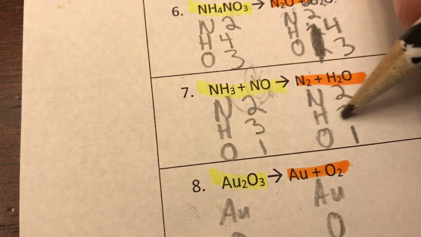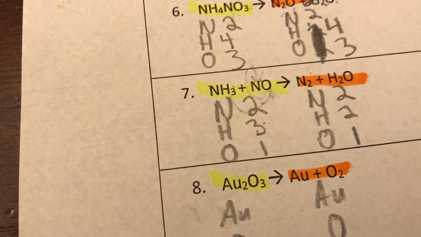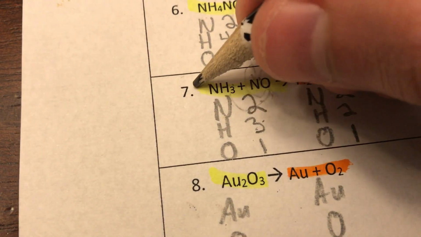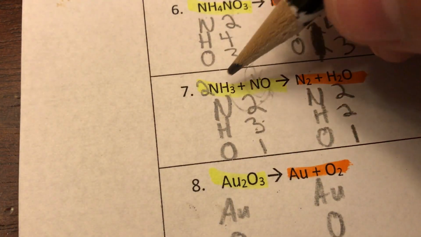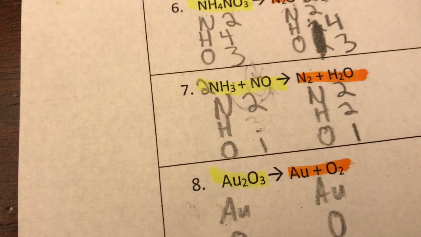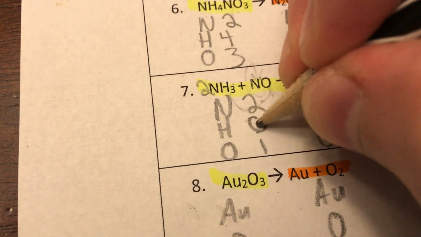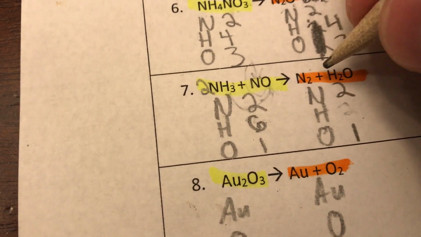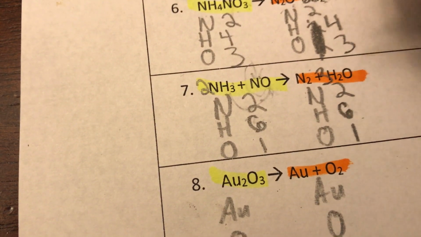So once again, to balance these two out, we're gonna have to go like a lowest common denominator. So 2NH3 would get me 6 hydrogen, and then 3H2O would get me 6 hydrogen.